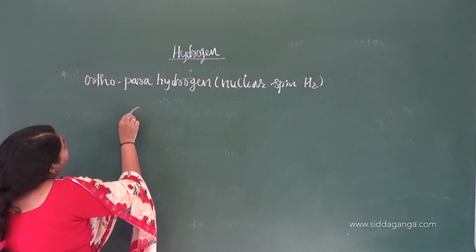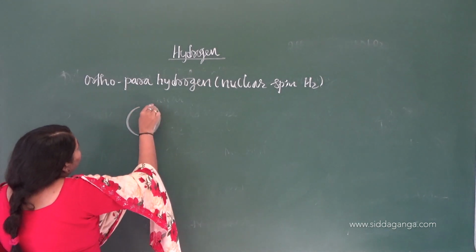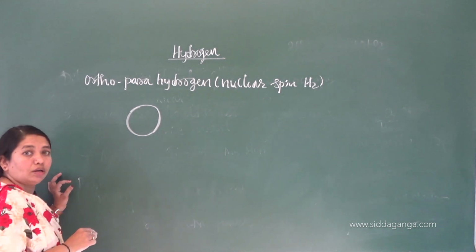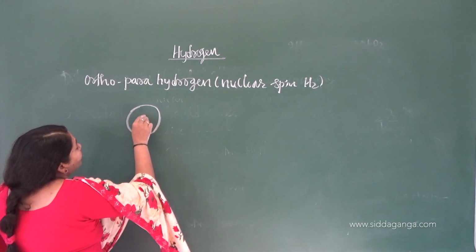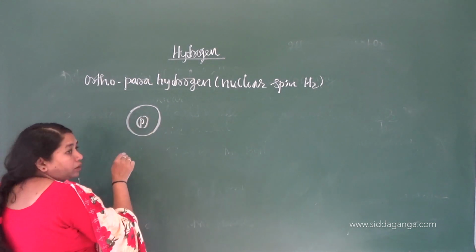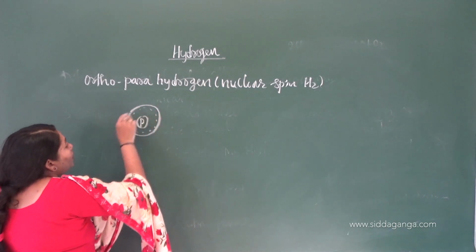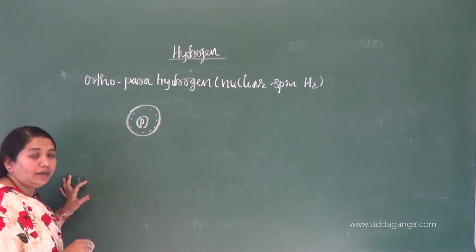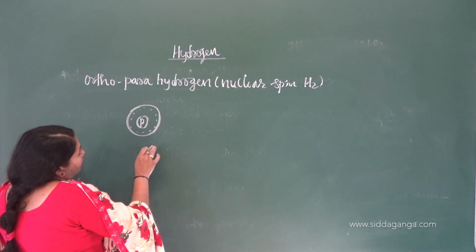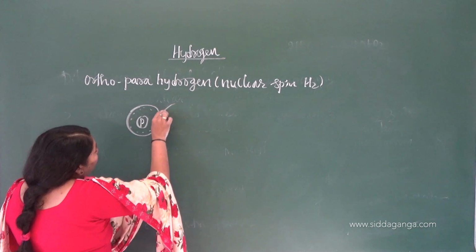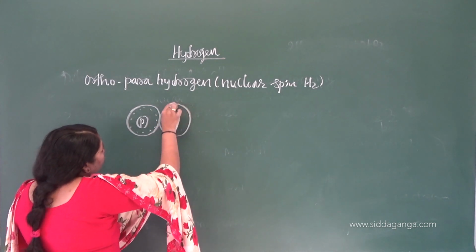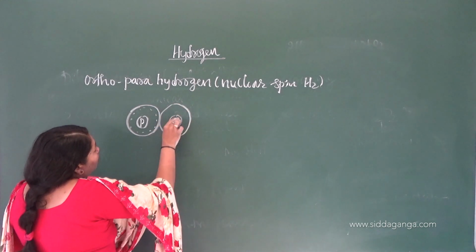If you take the atom of hydrogen, it has a nucleus at the center, in which there will be a proton, right? And then around that the electron will be revolving in a circular path. Then if it is diatomic, one more atom will be there with a proton.